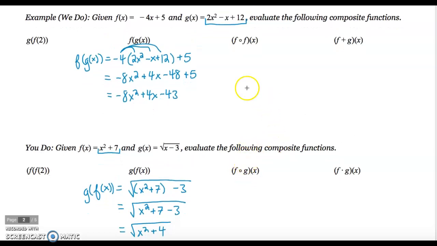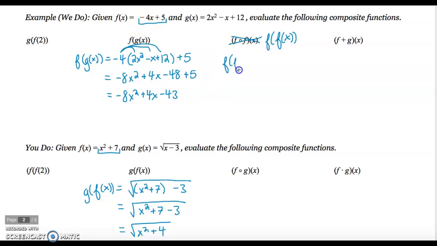All right, for this next equation, remember this is the funky notation, and I usually automatically just rewrite it as f of f of x, so that I'm not confused at all by what it's asking me to find. All this is saying is that I'm going to take my entire function f and plug it into itself.